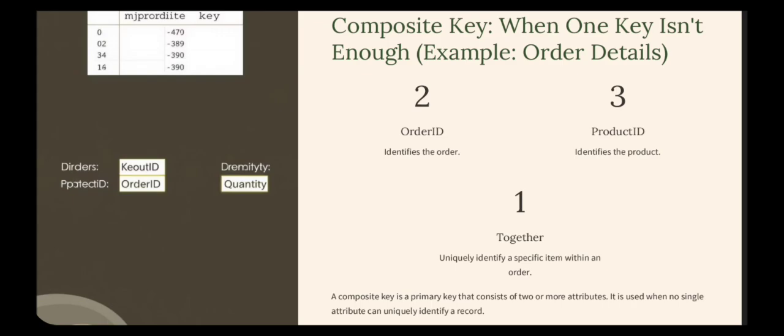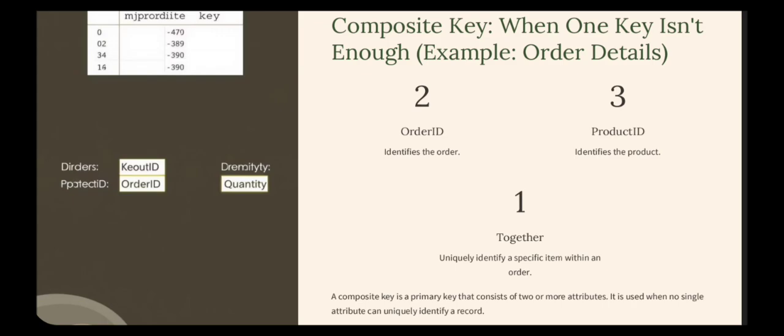If one attribute cannot define us uniquely, then we require more attributes so we can know what the real identity is. So in our today's example, here the composite keys are product ID and order ID, which are linked together, which uniquely identifies a specific item within an order.